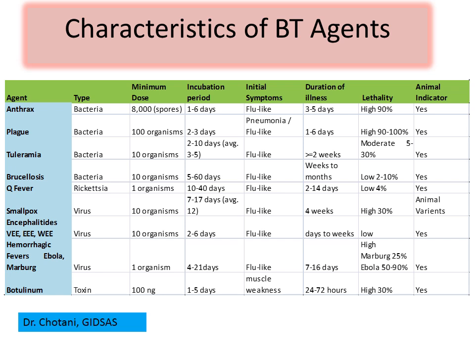So we have a type for that, and there is a dose that is required, and then there's a way that this is spread, like inhalation, and what kind of symptom they give, and what is the duration of symptoms. So this is a very good table for you to pay attention to, and what are the animal reservoirs and how does our body deal with it. So this is a good index, and you can compare and contrast, and I believe quite a few questions are expected from this particular slide.